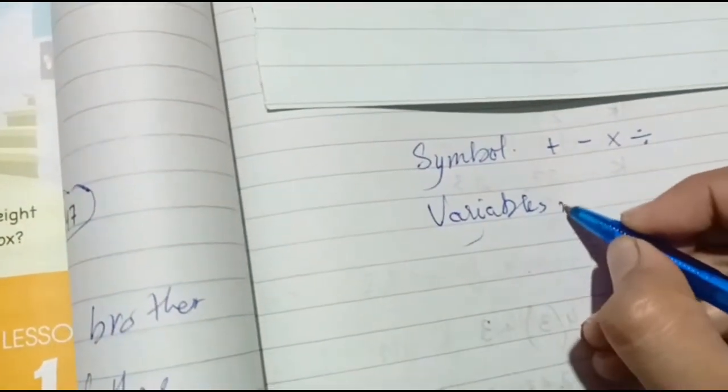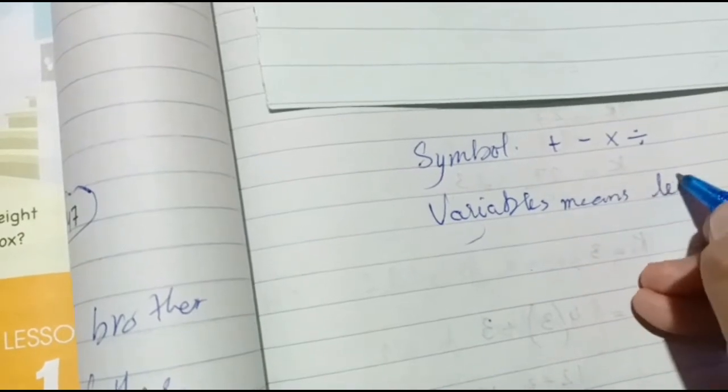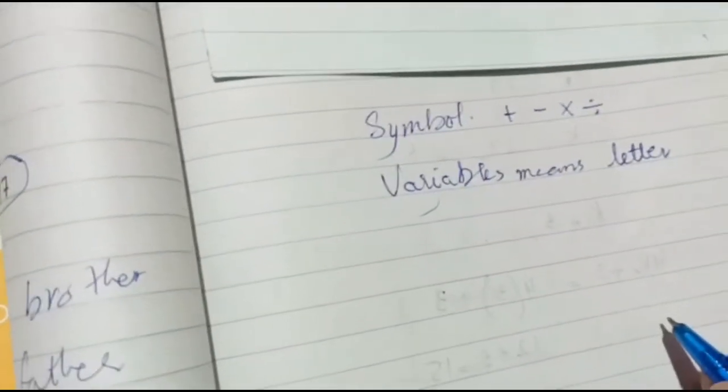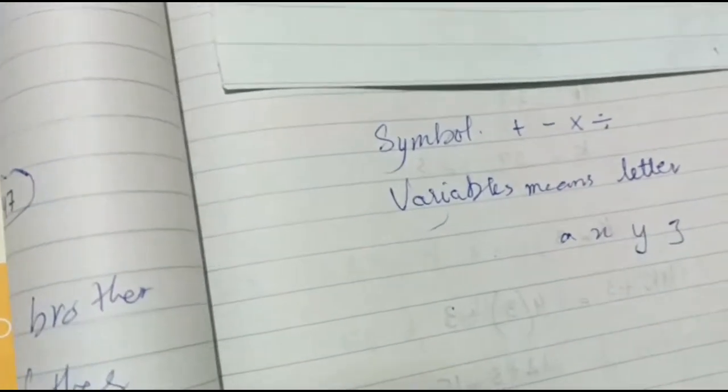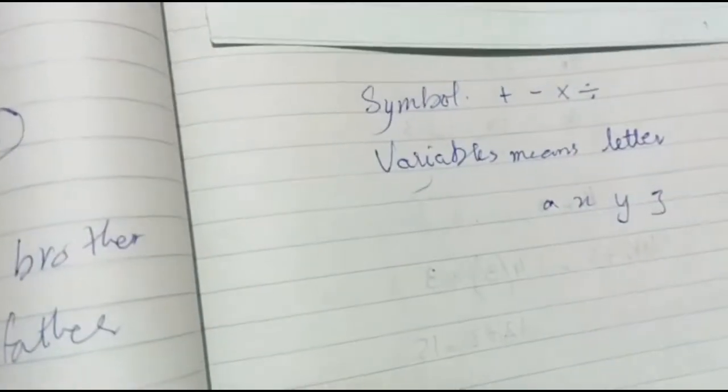Variables means letters, English alphabet letters. It will be A, X, Y, Z or any other letter.